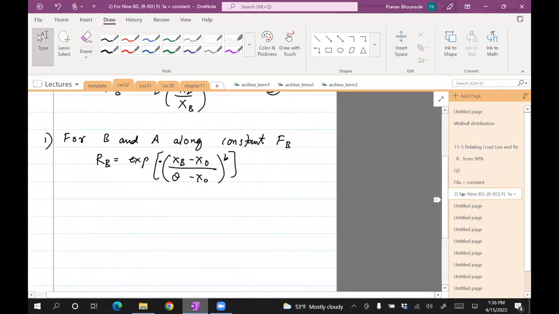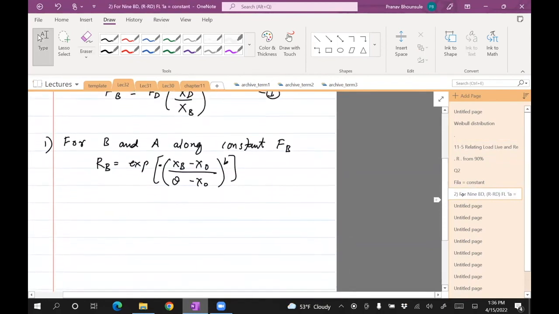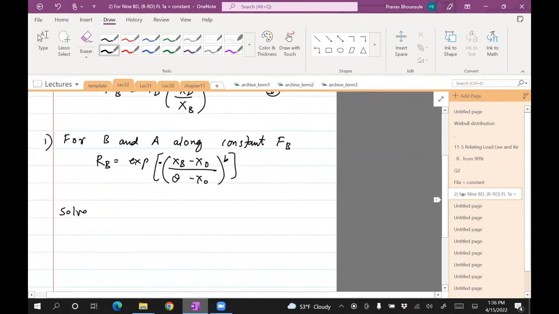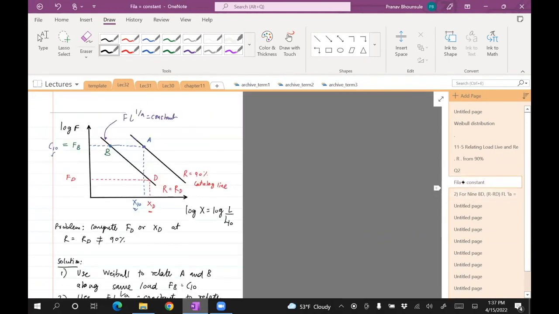Okay, so let's now solve. This is a reliability equation, but let's solve for XB and note that RB equals RD. That is, in other words, the reliability at B is the same as the reliability at D because this is the constant reliability line.